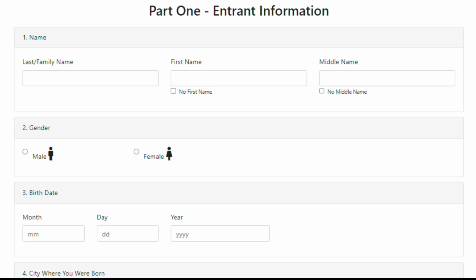Now, tomorrow the DV lottery application period begins, and that means that the website for the DV lottery application will be open to receive entries.